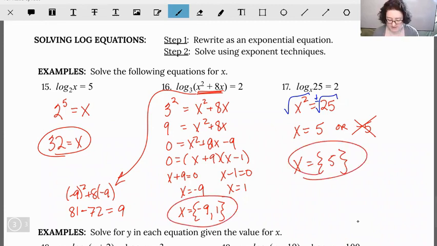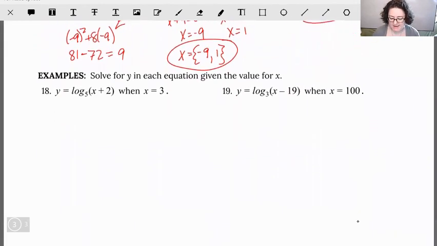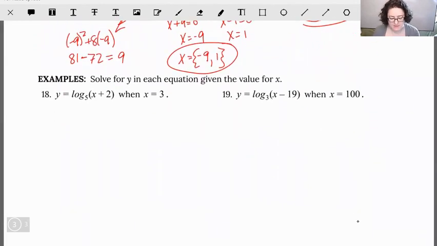Alrighty, last set of examples. Here we go. So solve for y in each equation given the value for x. So same kind of thing I'm going to do as before, actually, no, we don't have to change any formats yet. Let's plug in our x values and see what happens. So 18, y equals log base 5, plugging in 3 for our x.